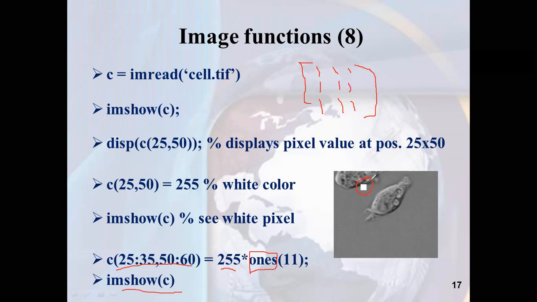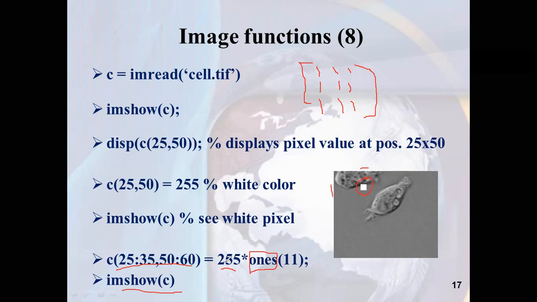So in this case, we make a white square in the image, and this square has a dimension of 11 pixels by 11 pixels. This is from row 25 to row 35, and columns from column 50 to column 60, which is this submatrix.